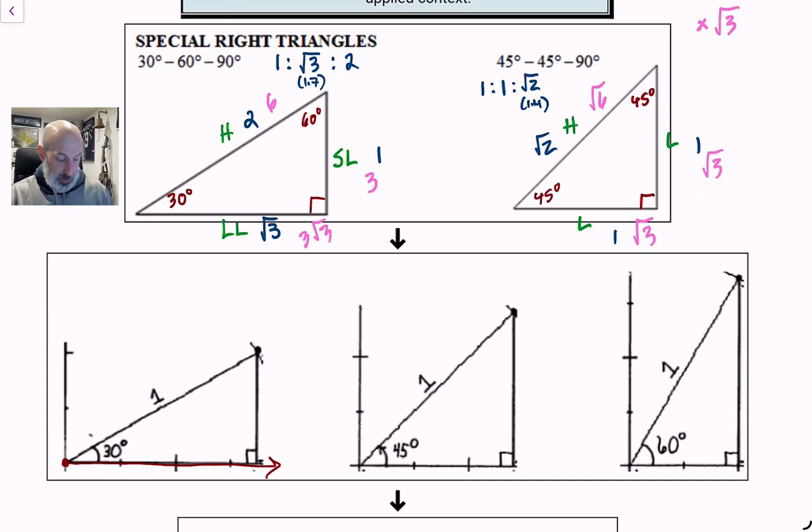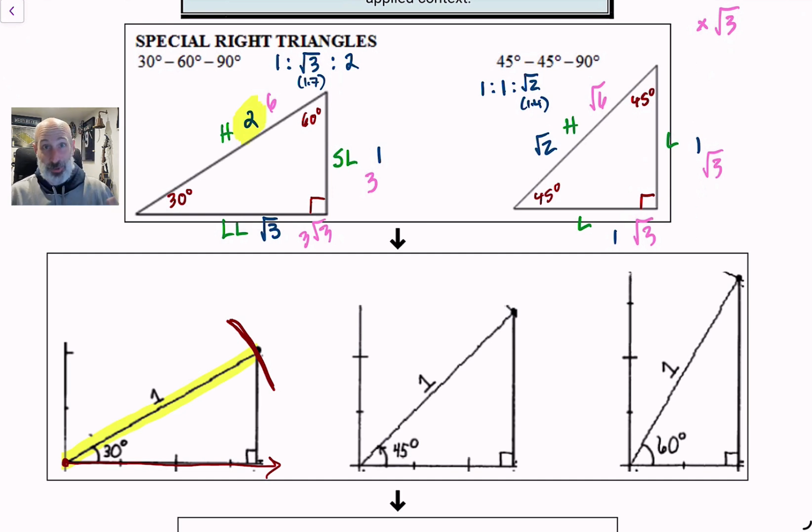The first picture to the right is in the same layout as the 30, 60, 90 above. What's most notable about that is that the hypotenuse side, which is also the radius of our unit circle, let me put part of a circle here, that's where it would fall. The hypotenuse is going to be 1 because it's the radius.